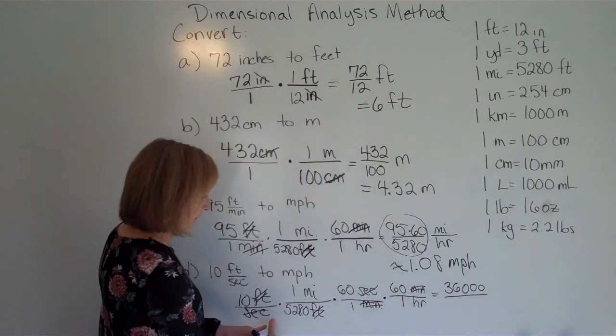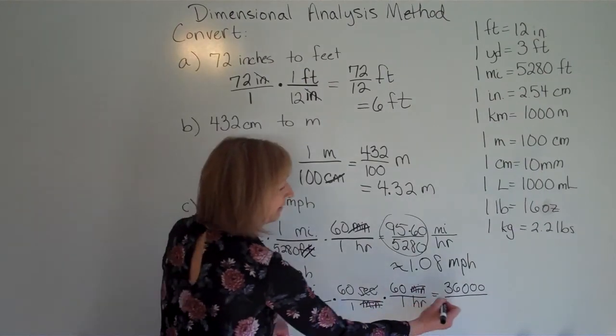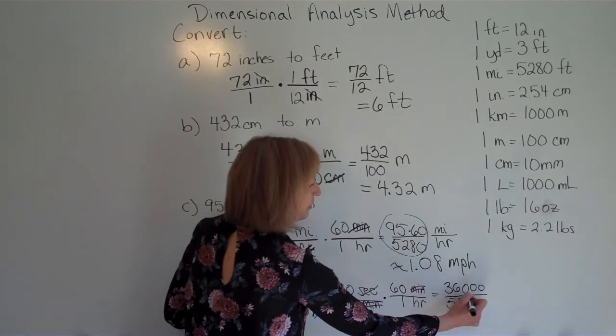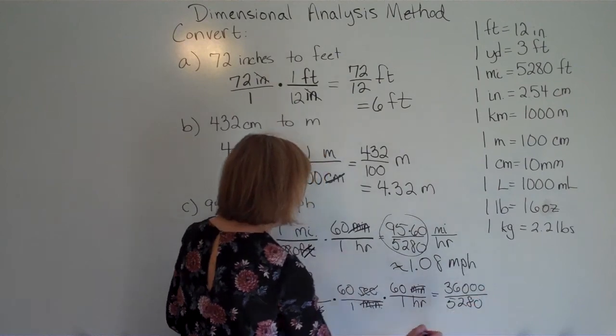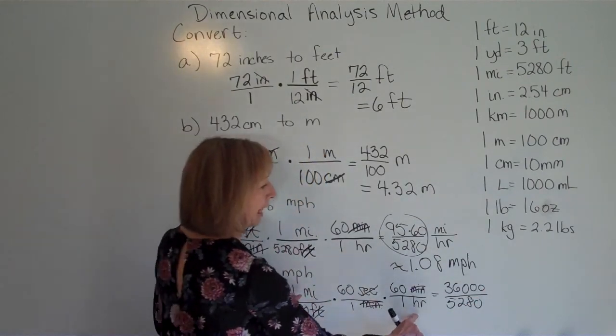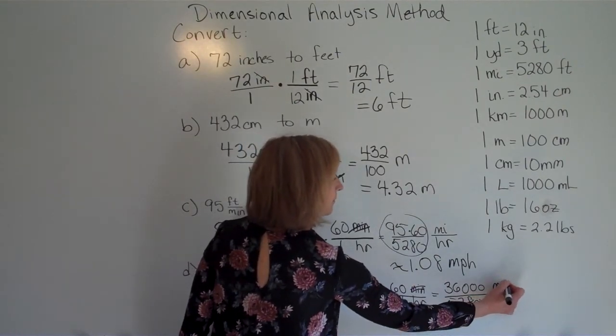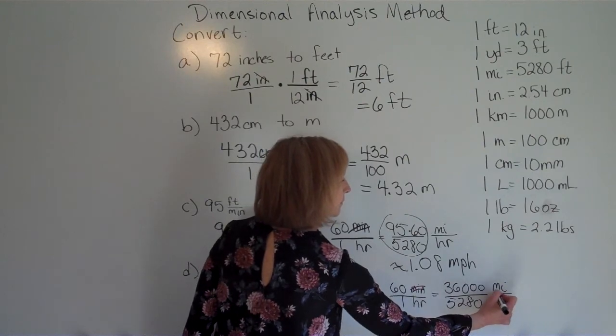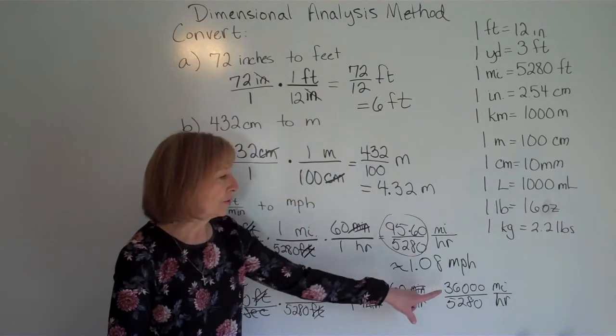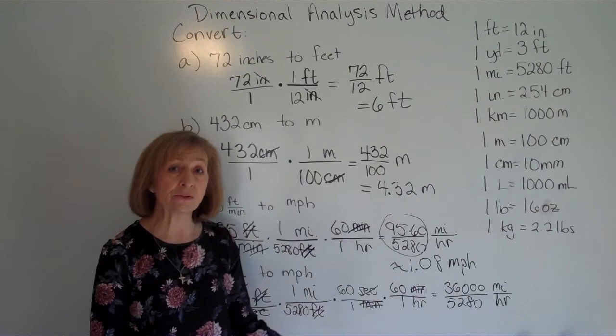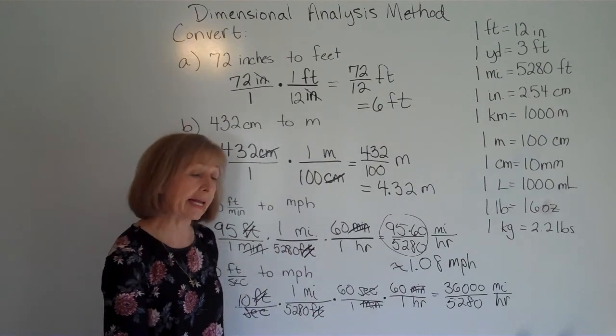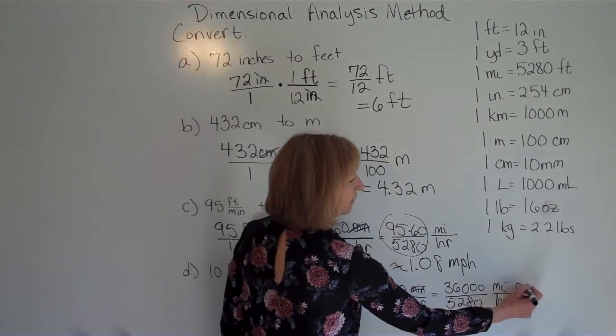Divide by, in the denominator, I have 5,280. And that is miles per hour. And then when you go ahead and you divide that, you get that it's about 6.82 miles per hour.